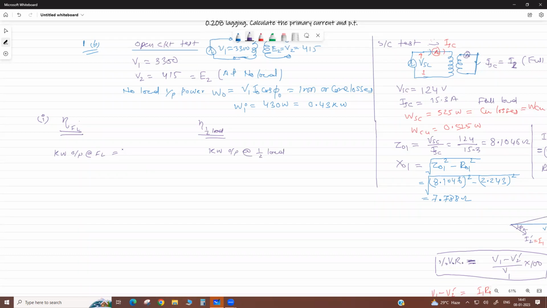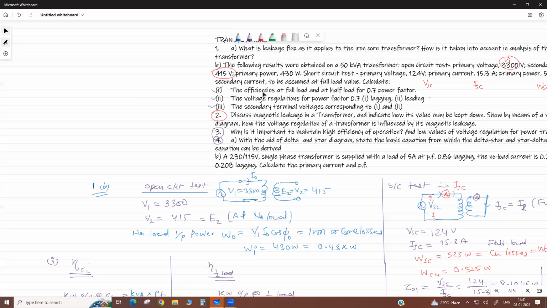The kilowatt output is the kVA rating into power factor. It is 50 kVA, and the power factor he said is 0.7 lagging, the load power factor.